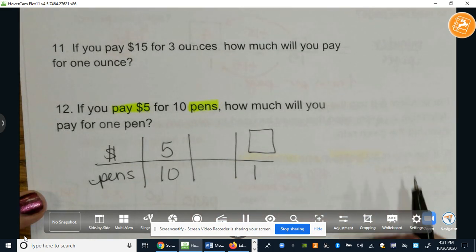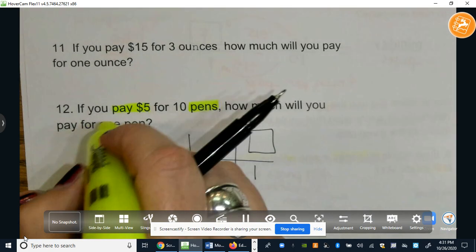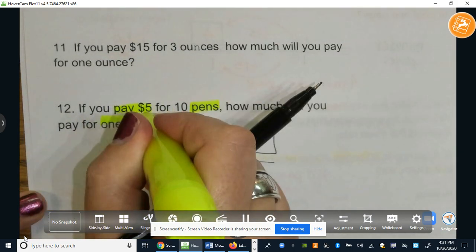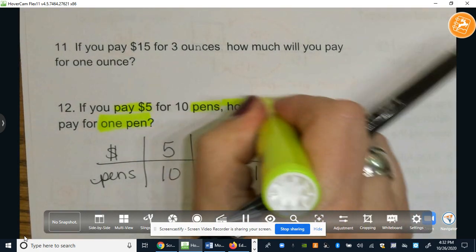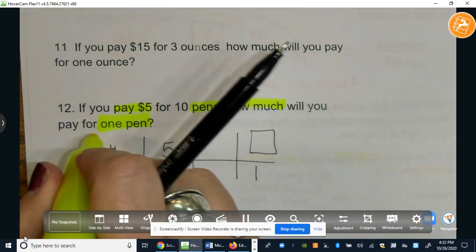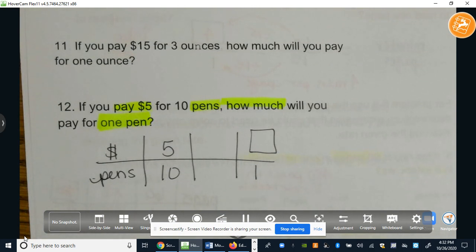So you're going to set it up like this. You want to know what 1 pen is, not $1. Don't tell me how many pens you will get for $1. Tell me how much it's going to cost. How much is 1 pen? Okay? So go ahead and start working on this.